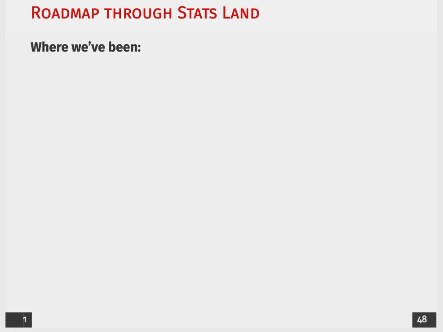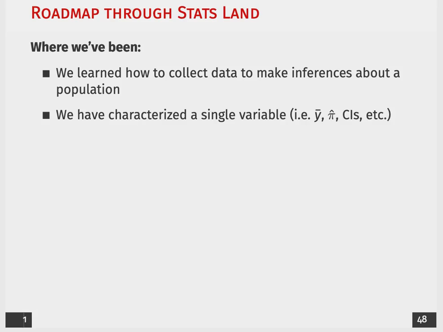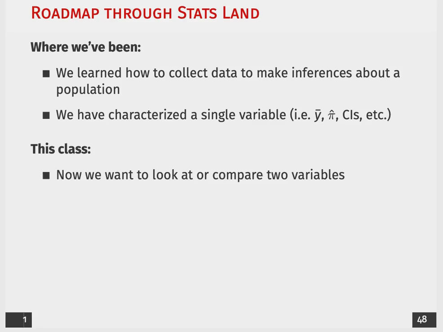As a brief summary of where we've been, remember the goal in the back of our heads is always that we're trying to make inferences about a given population from some data that we've collected. Last module, we talked about how to characterize a single variable, in the sense that we are able to find a point estimate like a sample mean or a sample proportion, and we constructed confidence intervals around that point estimate in order to conduct a hypothesis test.